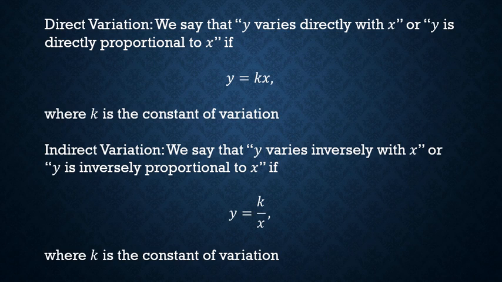Note here that when x does one thing, y does the opposite. If x gets smaller, then y gets larger. If x gets larger, y gets smaller. For direct variation, what one does, the other one does as well. If x decreases, so does y. If x increases, so does y.